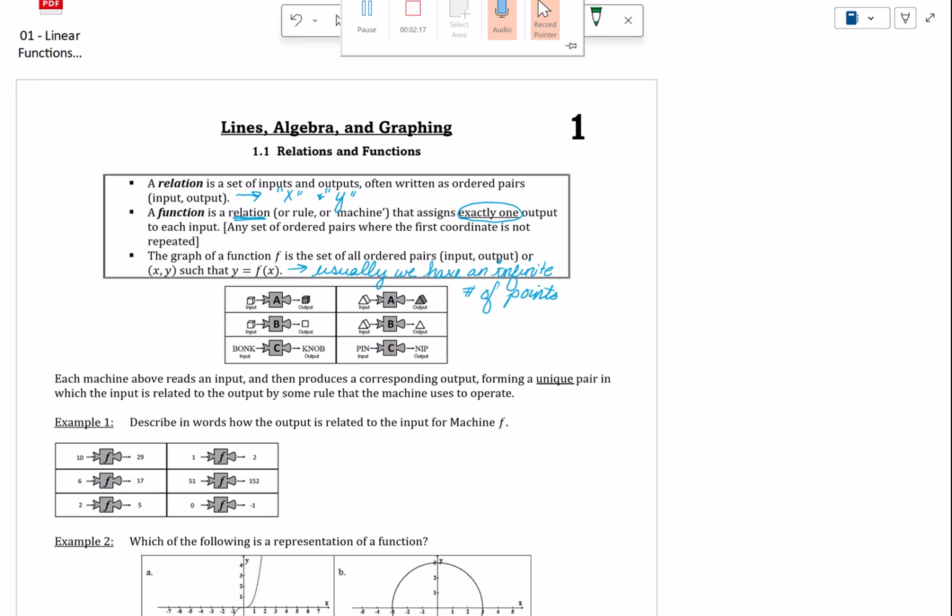So this function does an input of white, and the output is gray. You can kind of think of it as a machine. It's doing something. What's it doing? What it's doing is your function.